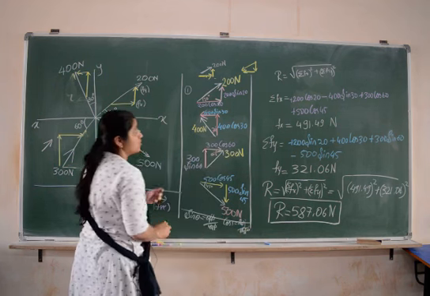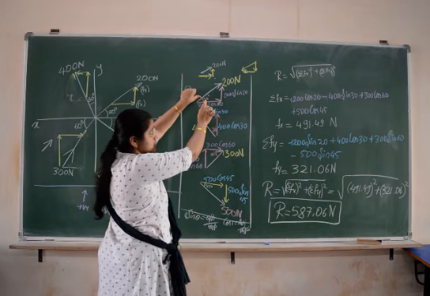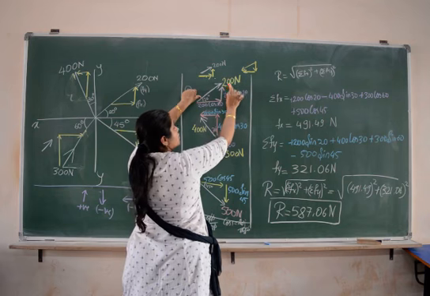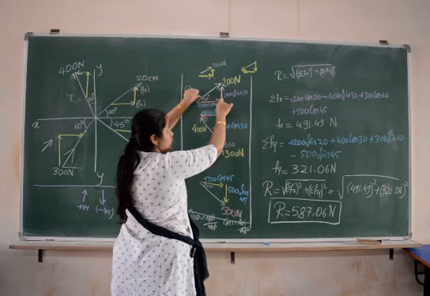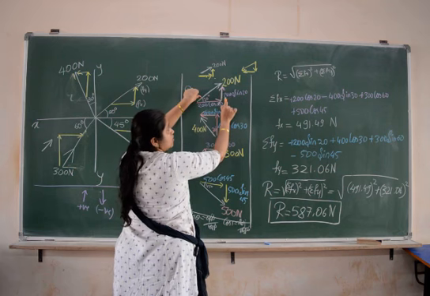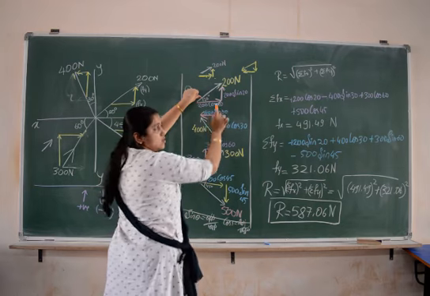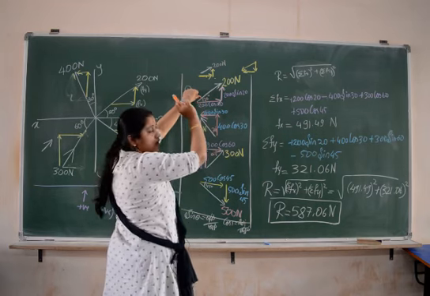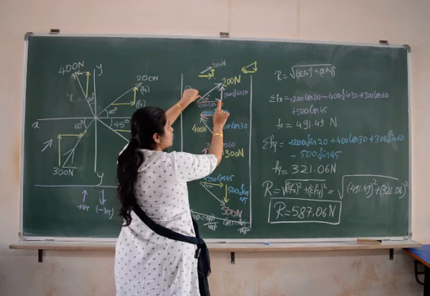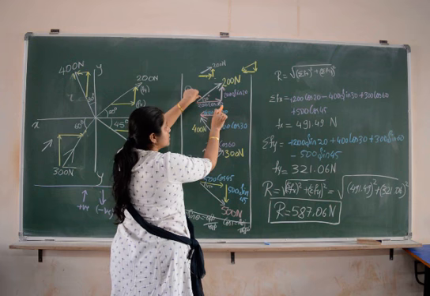Therefore, when the angle is given here 20 degrees, this is your force 200 Newton. Therefore, this component will be 200 sin 20, because it is opposite to the given angle, and this component is 200 cos 20.